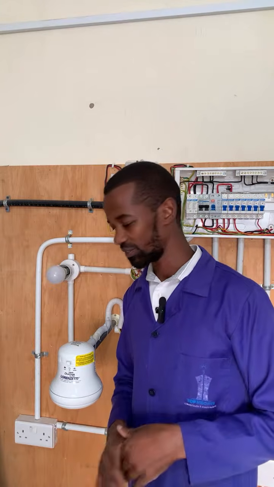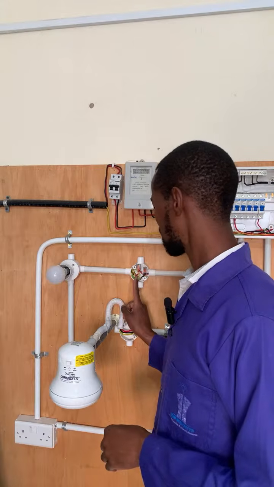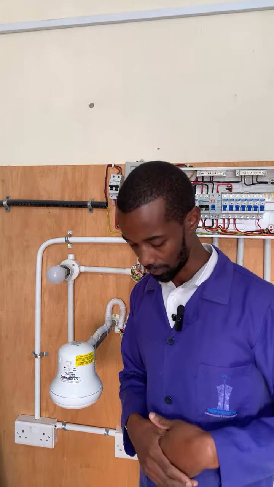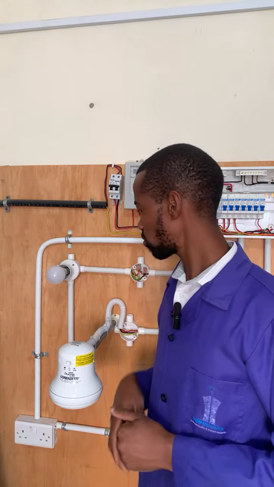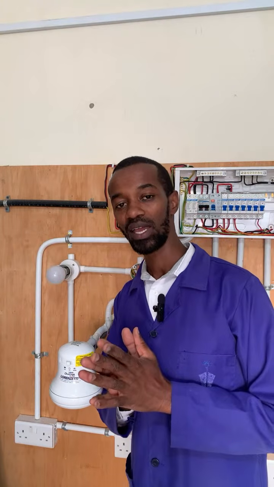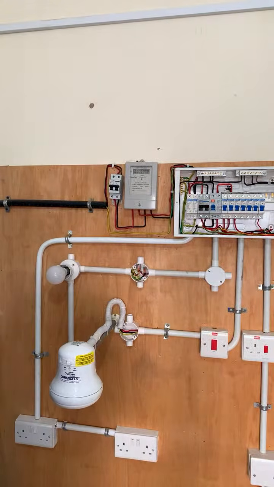So to be on the safe side, even if you will not be the one that will come back to do that work, kindly ensure that this earth connection is included in your wiring, so that even if there is the need for someone to replace the light, whatever light they will have, it has to have that connection for the earthing. Yeah.